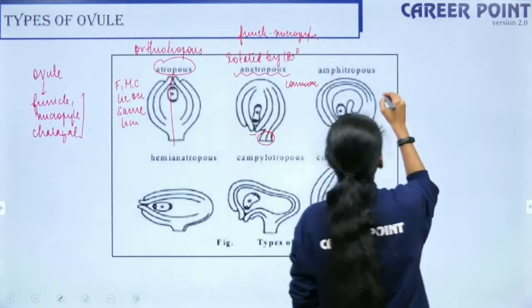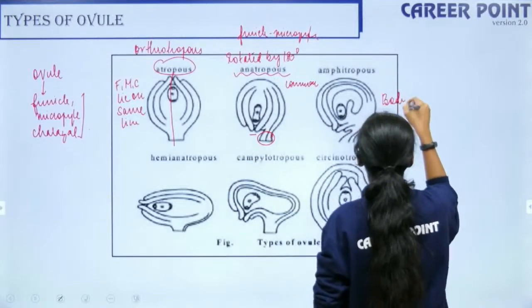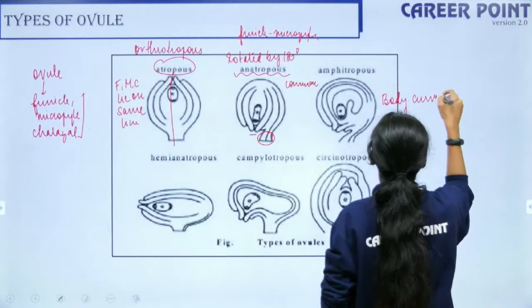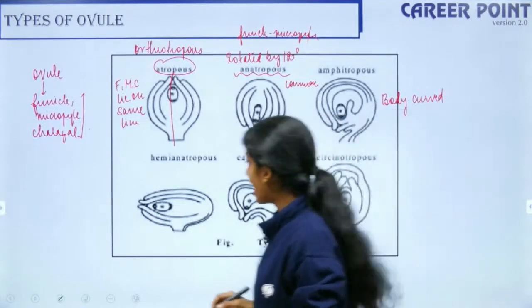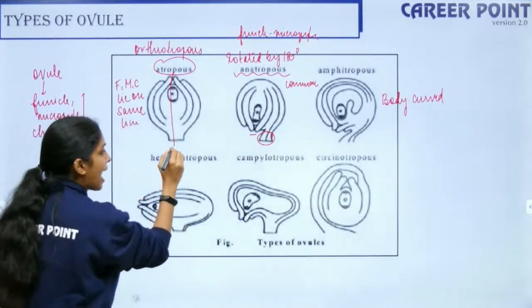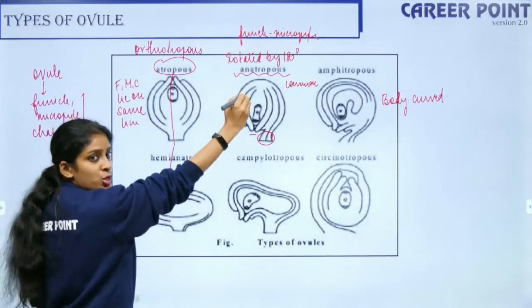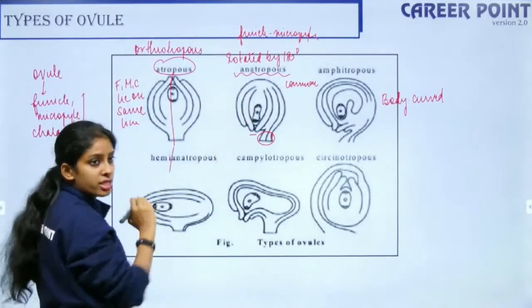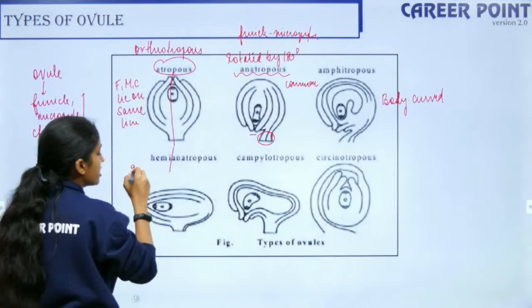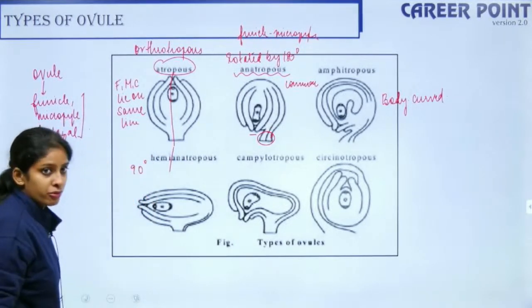So amphitropous is when the body of the ovule is curved. Fine. The next one is hemitropous. So this is 180, this is hemi of this, half of this. So this is 90 degrees. Fine.